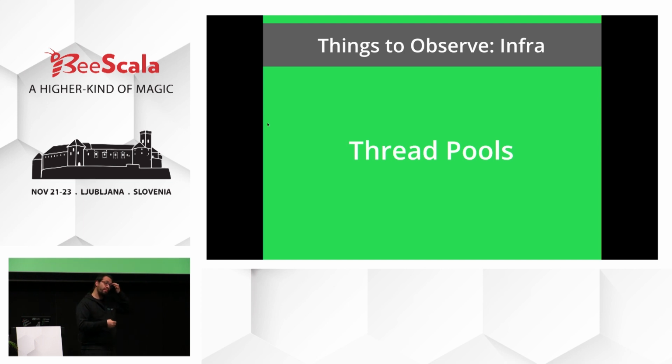When you have blocking operations like JDBC calls, it's normal for you to have a bigger number of threads, because those threads are going to be sitting there all the time, not doing anything. But when you have a bunch of asynchronous operations that run really quickly, you could have a smaller pool, probably a fork join pool for that.